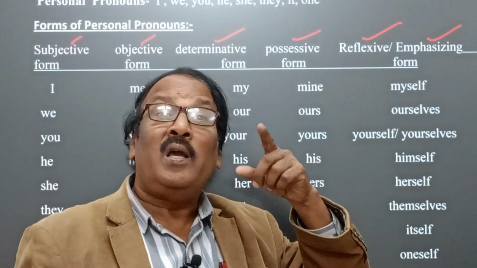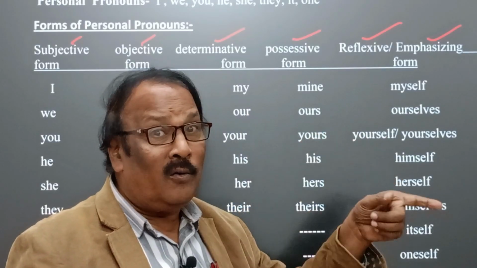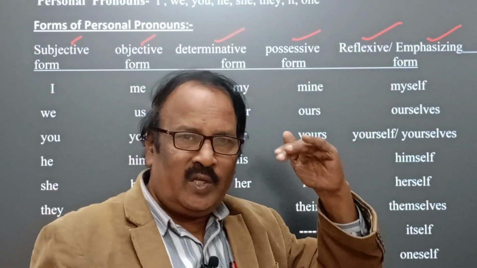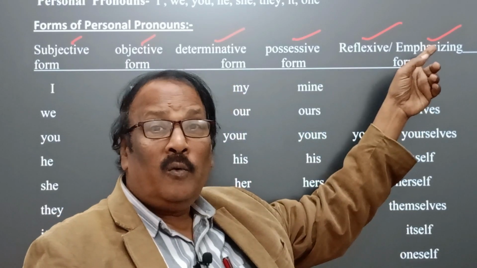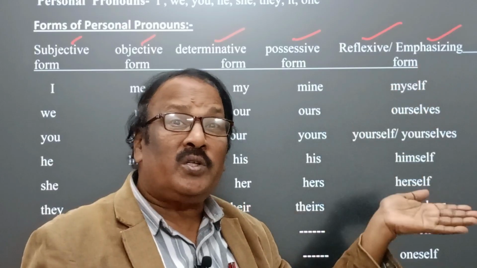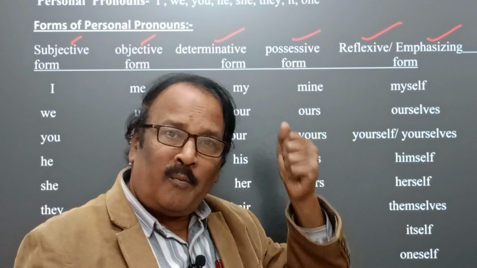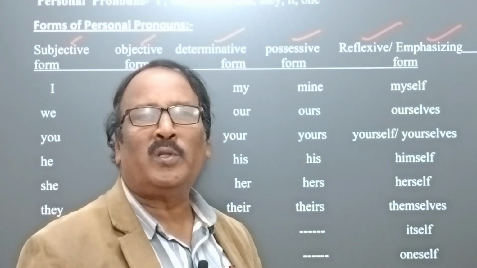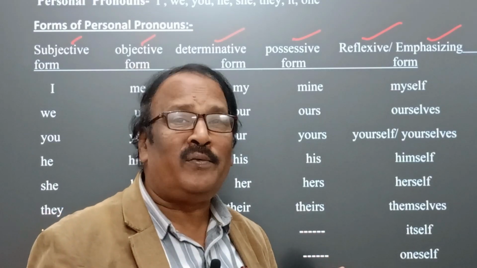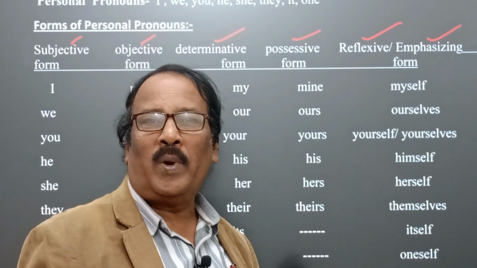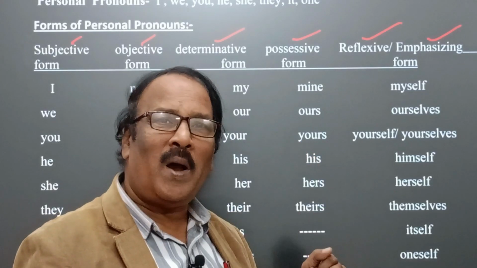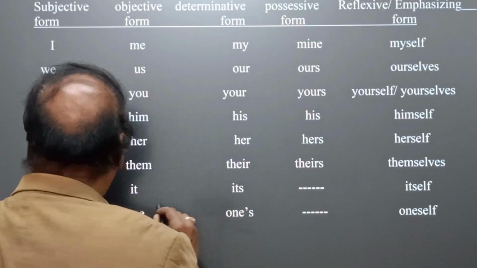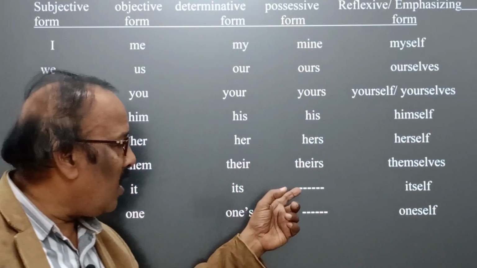It means the action has been performed by Rahul without the help of anybody else. This is the meaning. And whenever we use the self form just after a noun, putting emphasis, in that case, that is what we call emphasizing form of personal pronoun. Rahul himself repaired his bicycle. Here we put emphasis on Rahul. Possessive form of personal pronoun in case of it and one are not used.